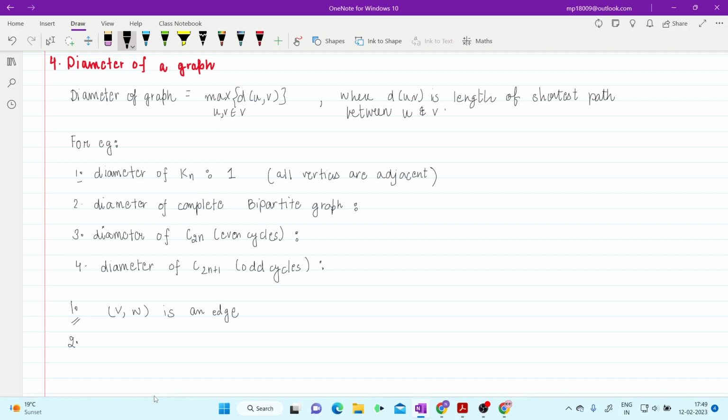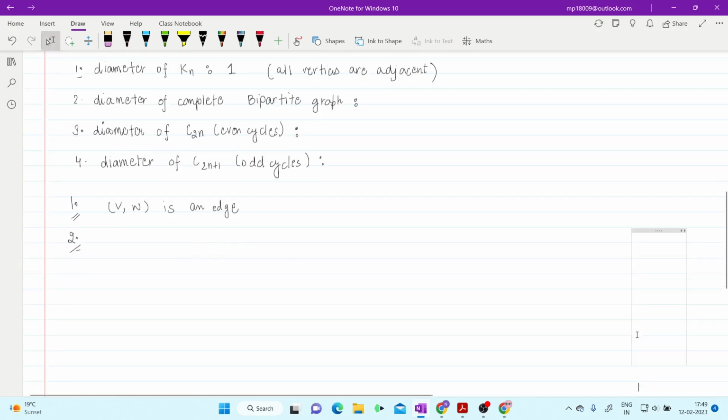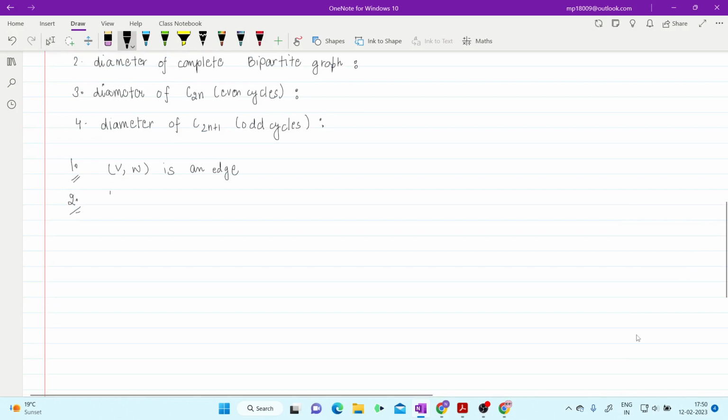Now the second example is the diameter of a complete bipartite graph. By complete bipartite graph we mean Kmn, where A has m vertices and B has n vertices.